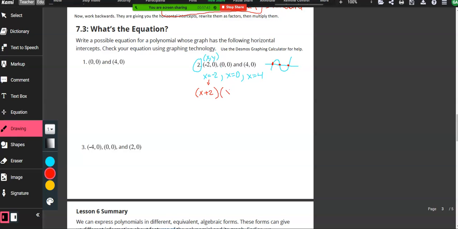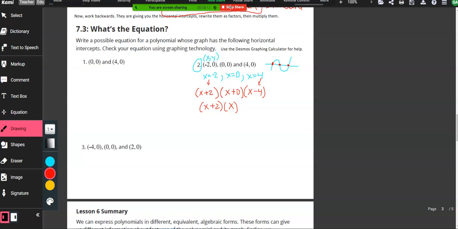This one has a 0. It's technically x plus 0 or x minus 0, or you don't need to include the 0. You could just leave an x right there. And finally, x equals 4 would be x minus 4. You get the opposite sign. So if this is positive 4, inside the parentheses you put a negative.